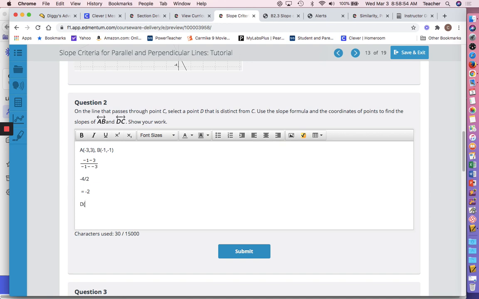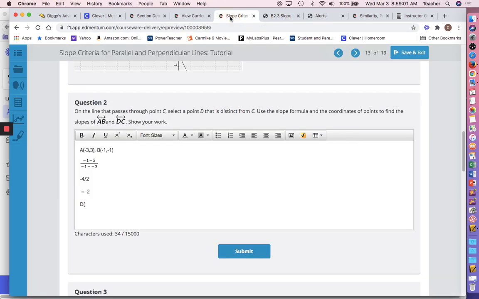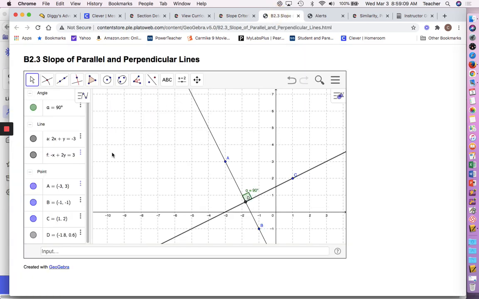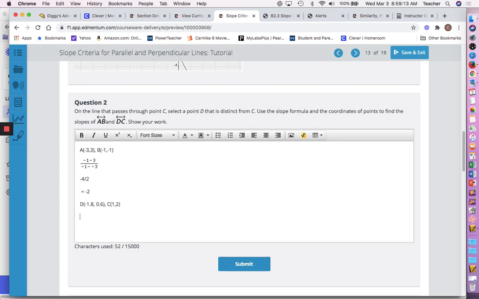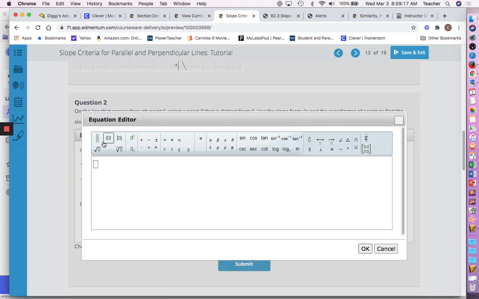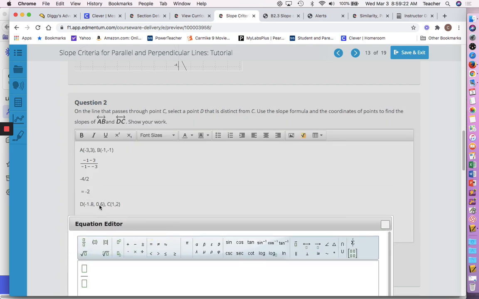So let's see. D is negative 1.8, 0.6. C is 1, 2. Let me put this in for my visual people. It's going to be 2 minus 0.6.